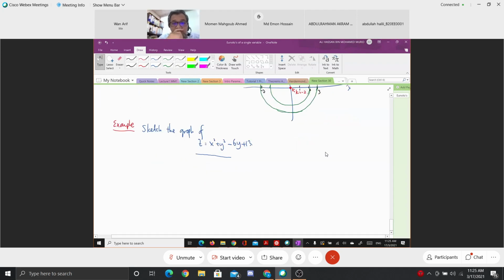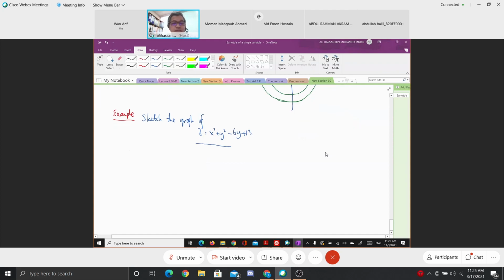This equation is quadratic in both x and y, right?